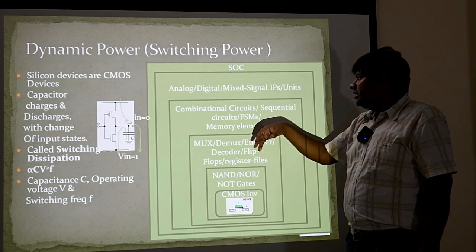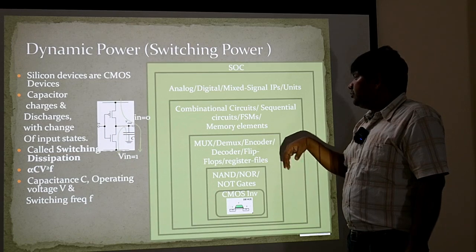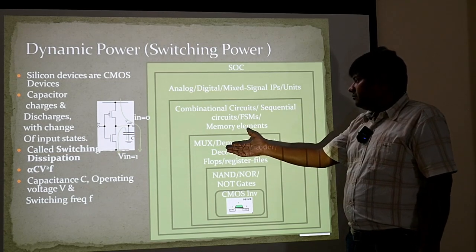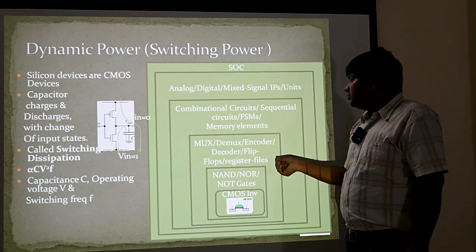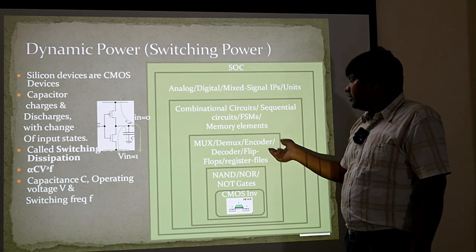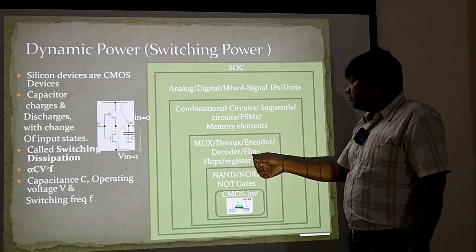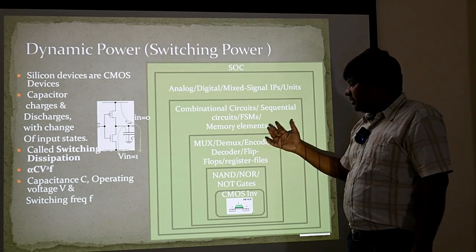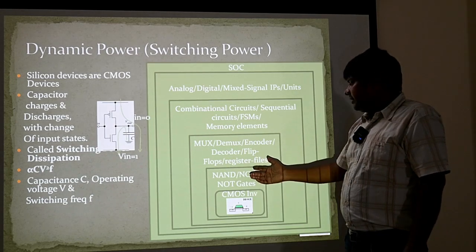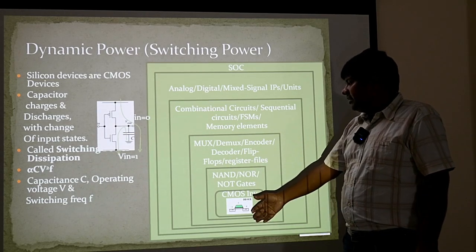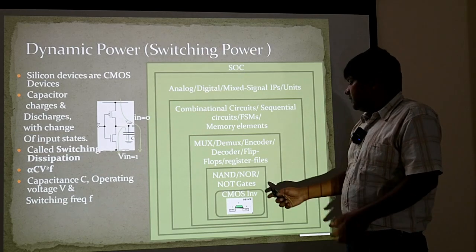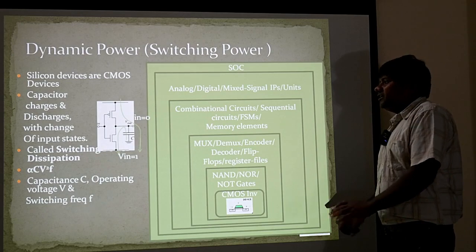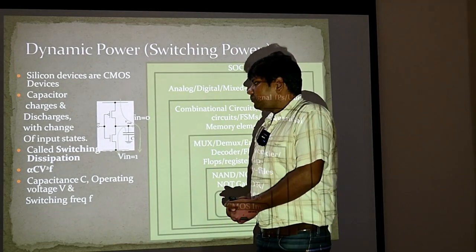Those are realized by combinational circuits, sequential circuits, memory elements, multiple FSMs. Those are realized by combinational circuit elements or sequential elements: mux, demux, encoder, decoders, multiple flops or latches, register files. Those ultimately are realized by gates. Gates are built by CMOS, and that CMOS consumes power. Okay, so let's focus on CMOS here.